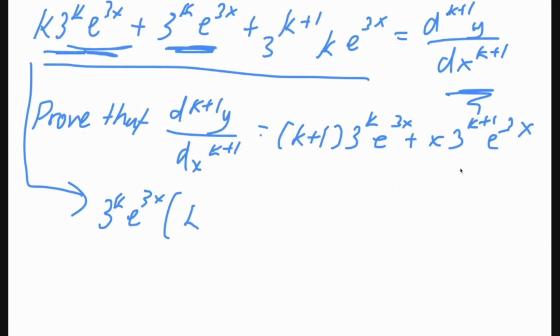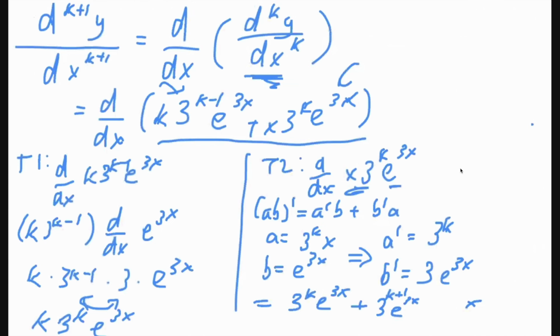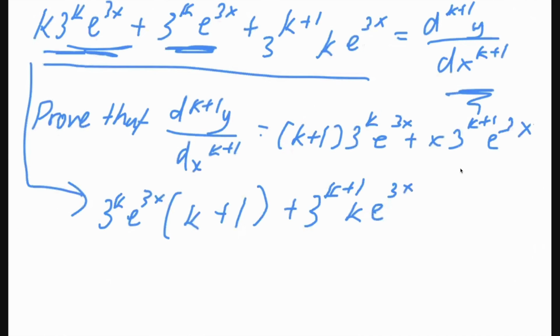In the first term, we're left with k. In the second term, we're left with 1. And then we're just left with 3 to the k plus 1 times x times e to the 3x. Sorry, this isn't a k, this is an x. Let me just make sure. Yeah, this is an x. That's my bad, that is a typo.